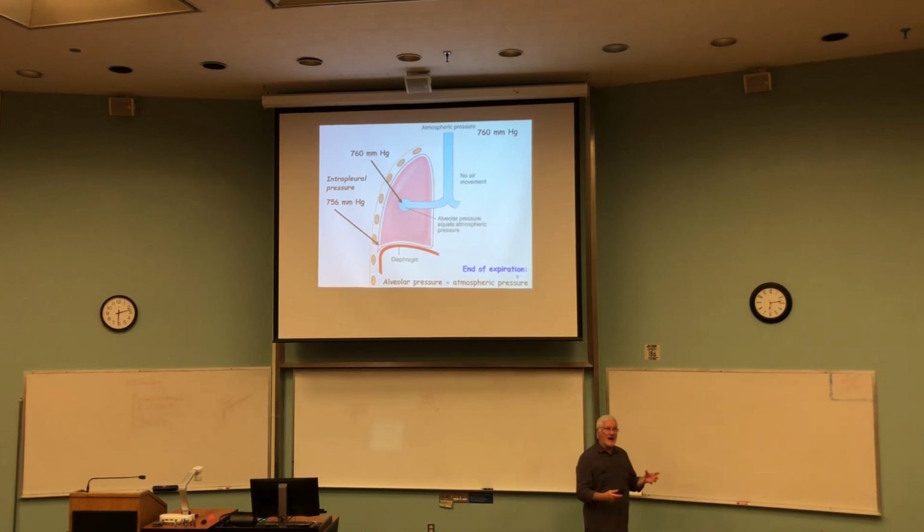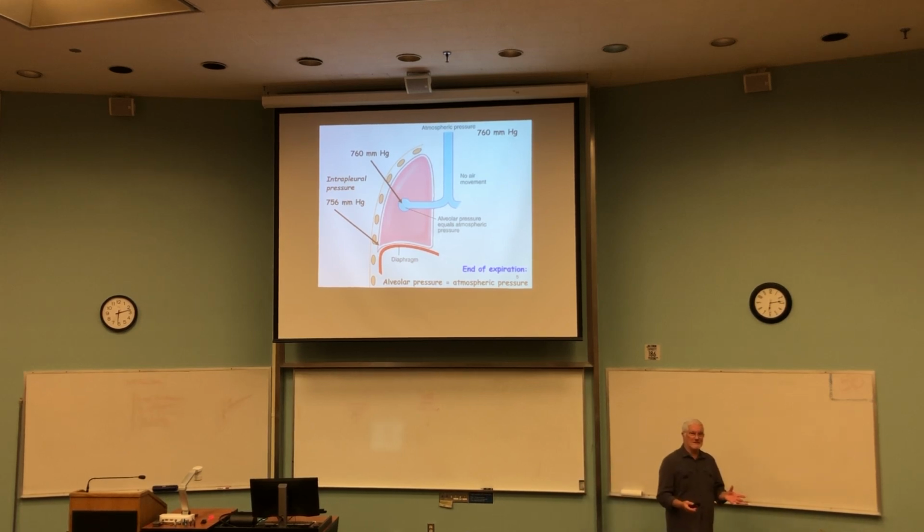Why would there be no air moving in and out of the lungs? Well, why does blood not go from one place to another? Why do ions not cross the cell membrane? Because of equilibrium. The pressure must be the same in the lungs as it is outside if there is no air moving down my conducting system. And that's what happens at the end of each phase of breath.